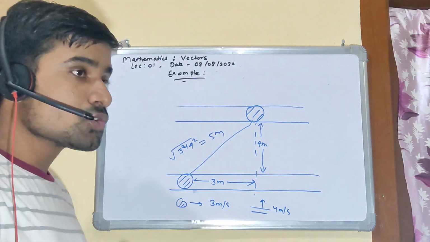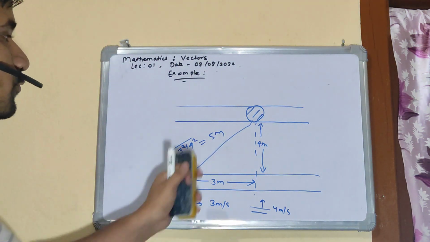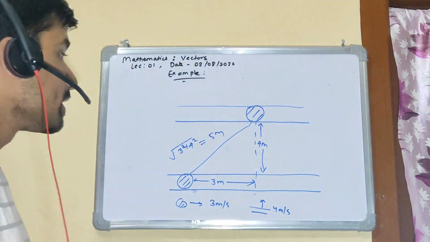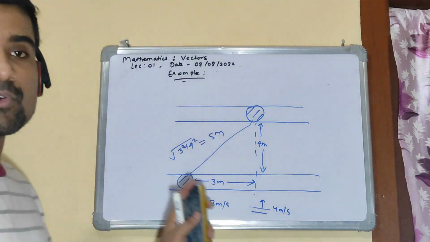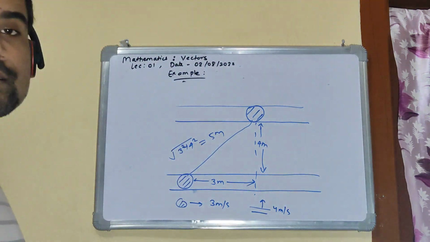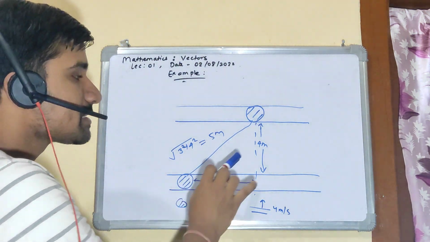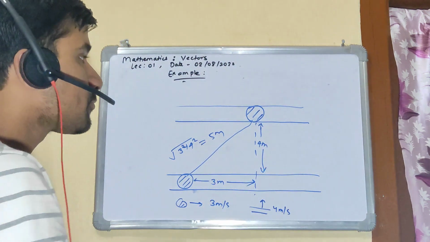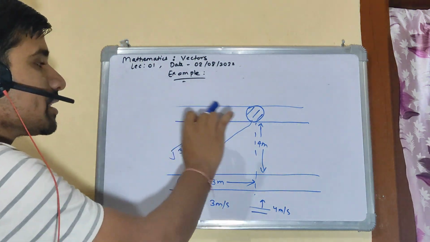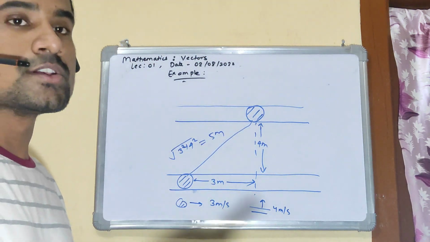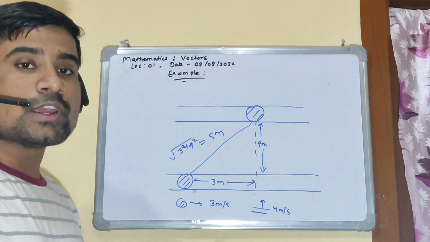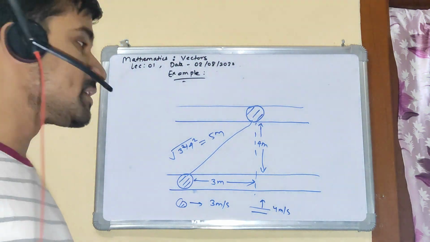It's not that it is 3 plus 4 directly, 7. No, this quantity which I am calculating, which is displacement, has a direction component as well. So the ball has displaced 3 meter, the tube itself has displaced 4 meter, which in turn gives me the net displacement as 5 meter. So you can see we are not applying normal algebraic rules here.